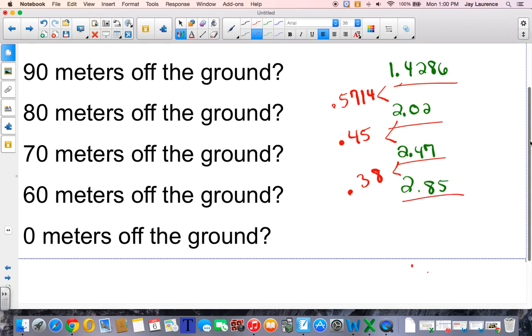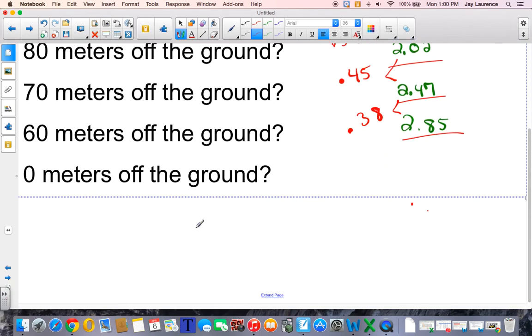And then 0 meters off the ground, well, that's easy. We're going to have 0 equals negative 4.9 t squared plus 100. And I'm going to go ahead and tell you what the answer is, doing it a different way, but I want you to do it using the quadratic formula.